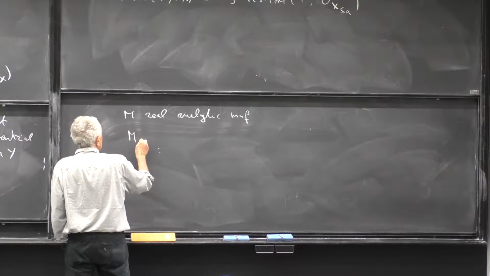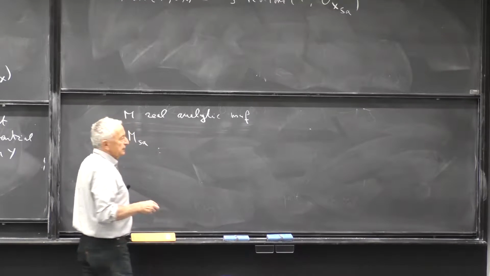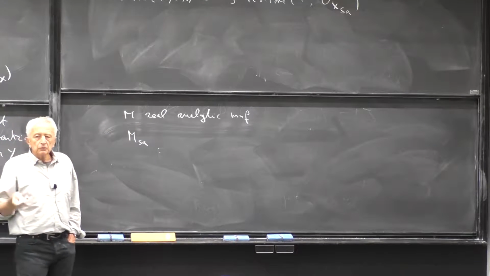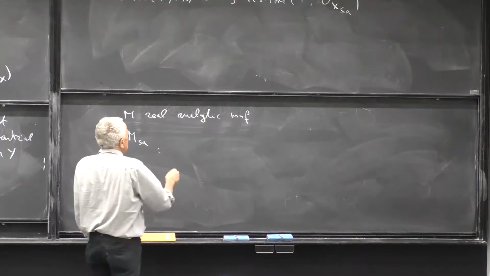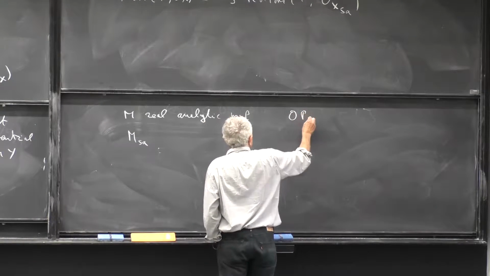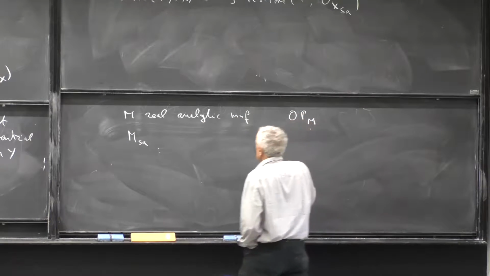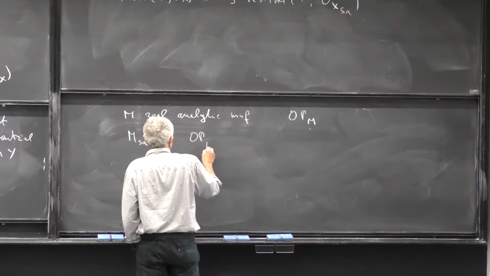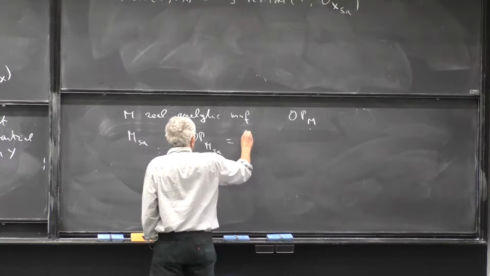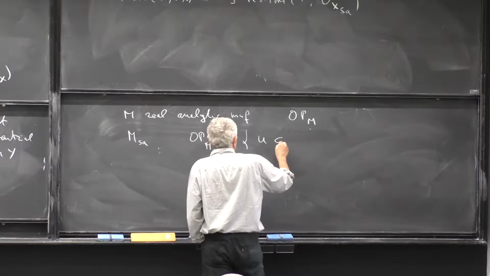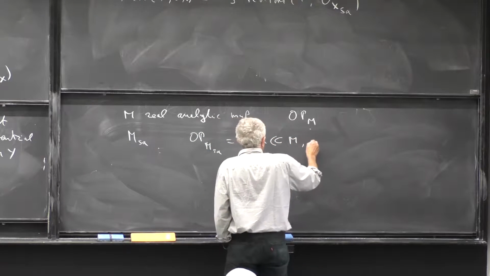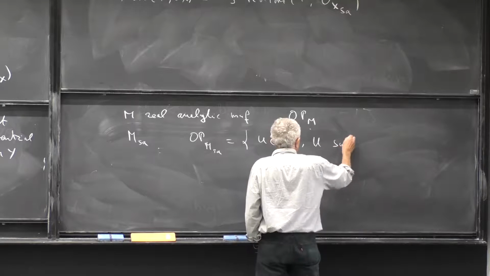I define M_sa, so it's M with a Grothendieck topology. Here you have the open sets of M, but now the open sets of M_sa are the U relatively compact in M which are subanalytic.